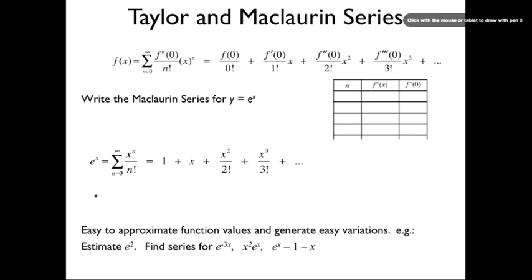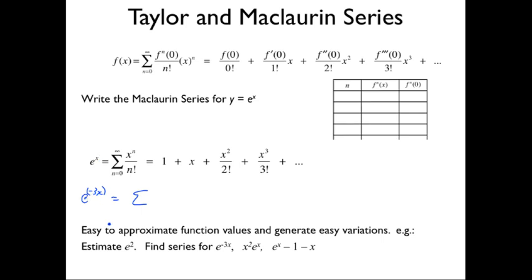For instance, if this is e to the x, then what is e to the negative 3x as a series? We don't have to start from scratch. If we know what e to the x is, we can just write down e to the negative 3x because our exponent x here is our argument. Now our new argument is negative 3x.